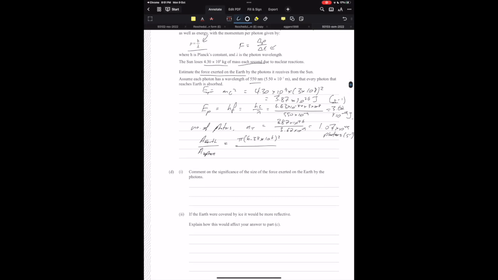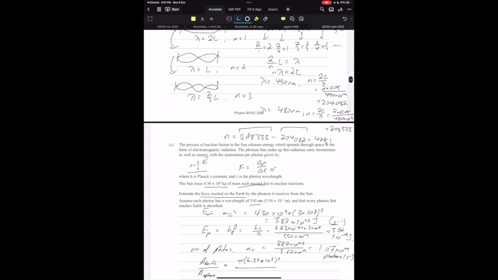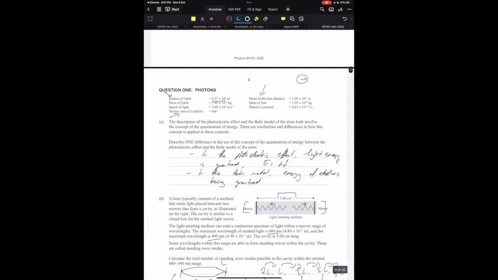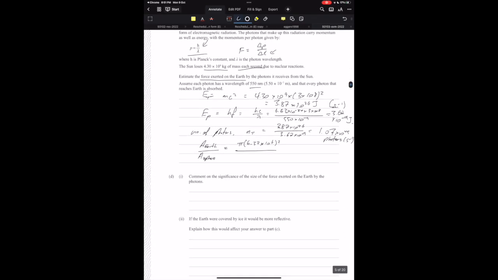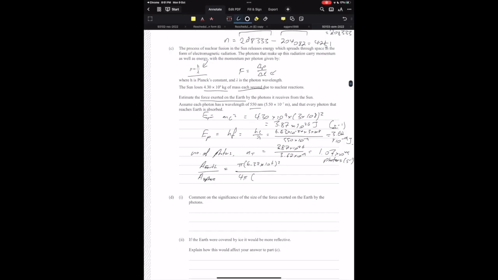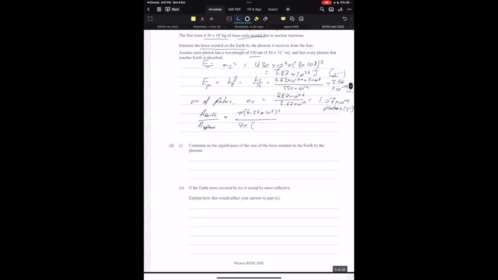And then the area of this imaginary sphere, well, we know that the surface area of a sphere is 4 pi r squared because they told it to us. And we know that the mean Earth-Sun distance is 1.5 times 10 to the 11. So we can figure out the surface area of this imaginary sphere by simply doing 4 pi times 1.50 times 10 to the 11, all squared. So what do we get?